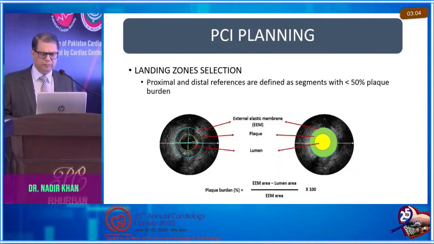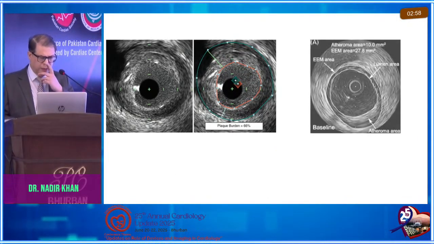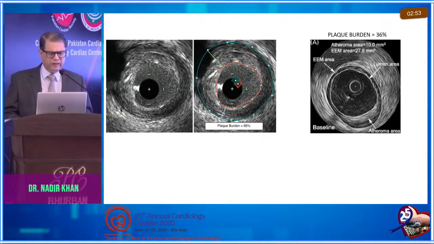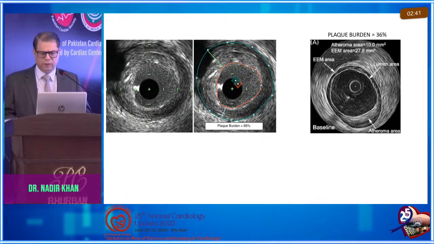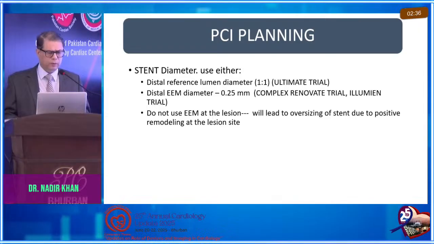This calculation is done by the machine itself, so we do not need to remember this formula. This is an image where the stent is in a place where the plaque burden is more, so this is not an optimal location for stent placement. However, on the right side, you can see that the plaque burden is 36%, and you can place the edge of the stent in this area.